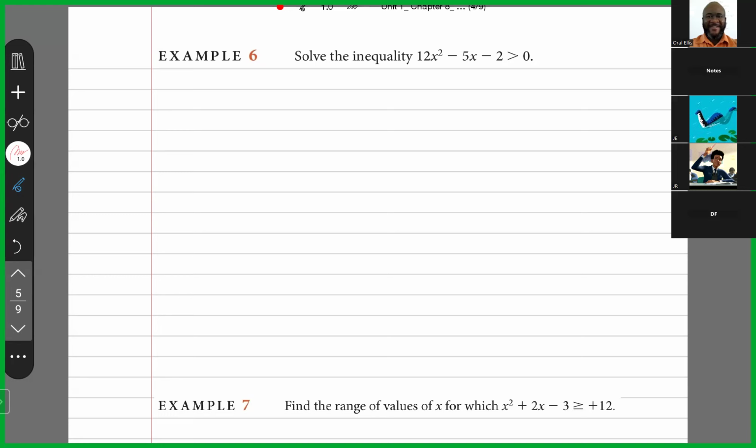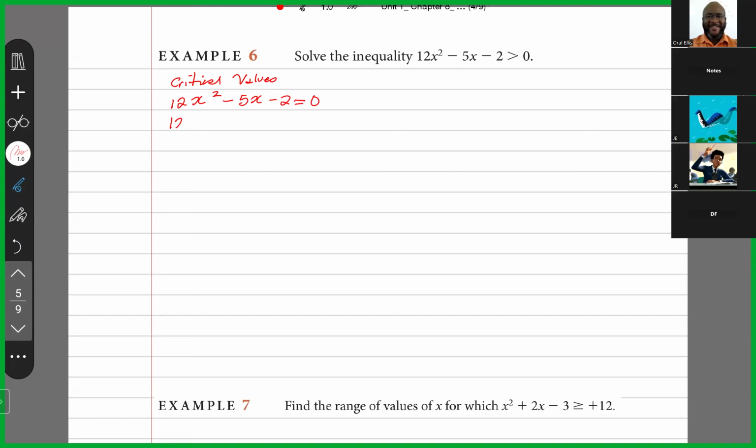If I'm going to use the sign table method, the first thing I need to do is to obtain my critical values. Now the critical values are the values of x for which 12x squared minus 5x minus 2 is equal to 0.